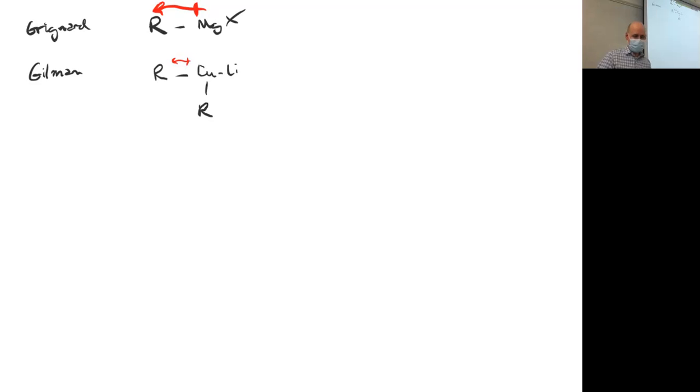So while a Grignard only has one carbon and it reacts as if it is a fiercely strong R minus, the Gilman reagent acts as if it is a, I don't know, choosy, less fierce, weak, or mildly strong version of the same thing.